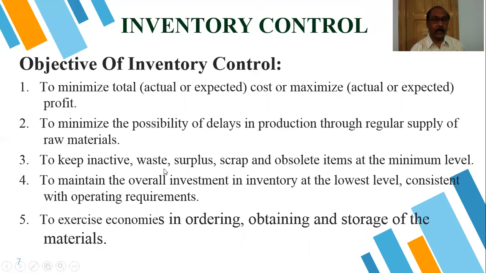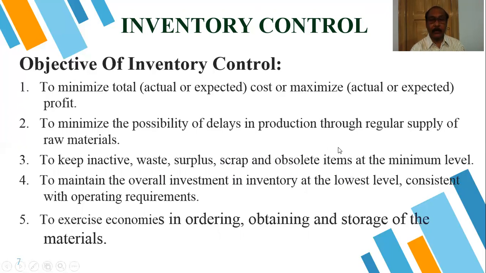Waste, we have to minimize it. Surplus, that means we should not keep the maximum in our stock. Scrap, we should not keep it; from time to time it should be disposed of with value. And those items are obsolete. That means those are not required.